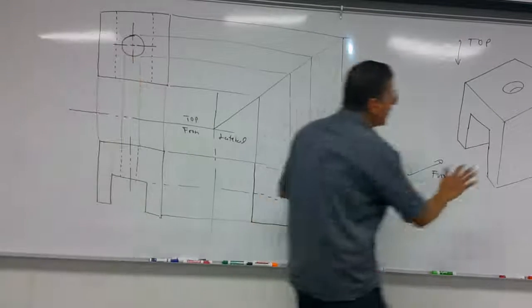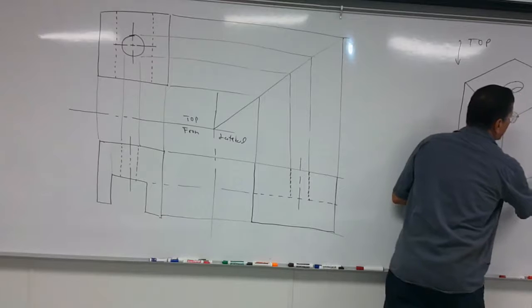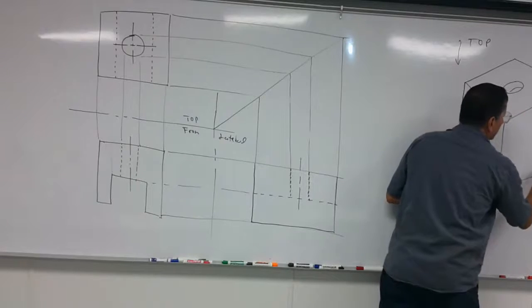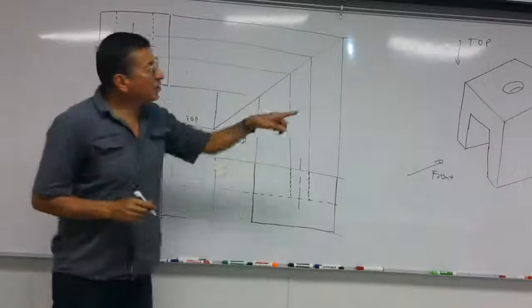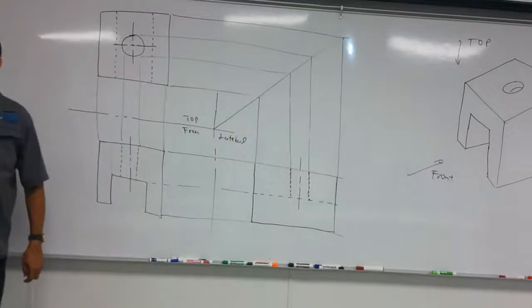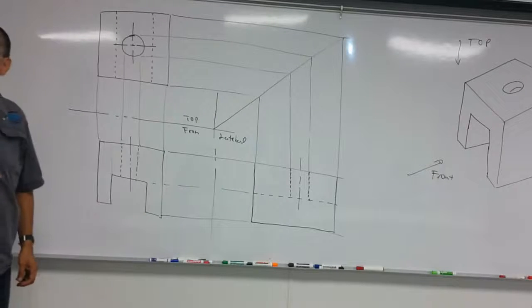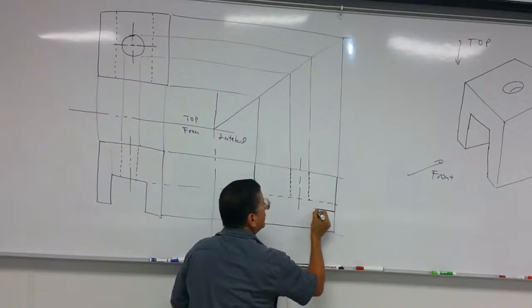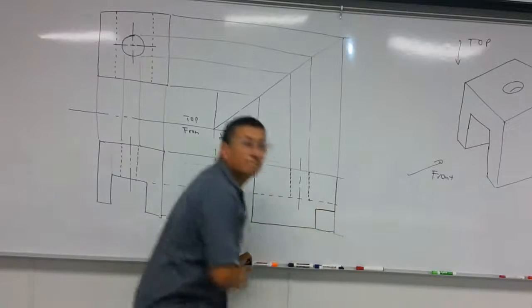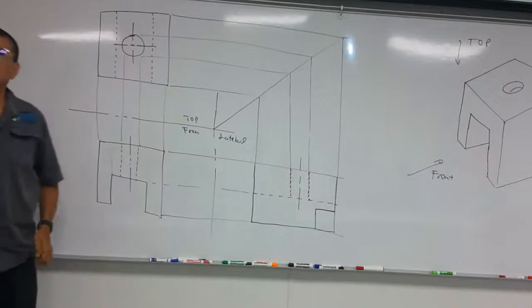Suppose that this object have, this is a bracket, and the bracket have that section only over there. Where can I see that section solid? In the lateral, I have this section solid. I have a question.